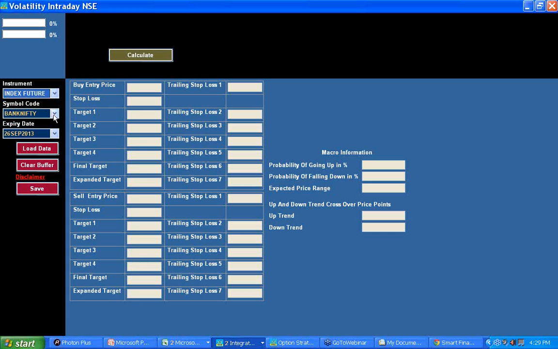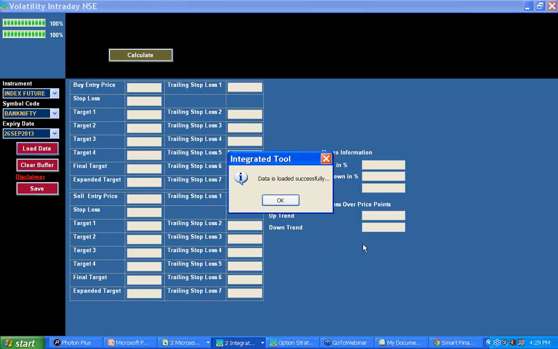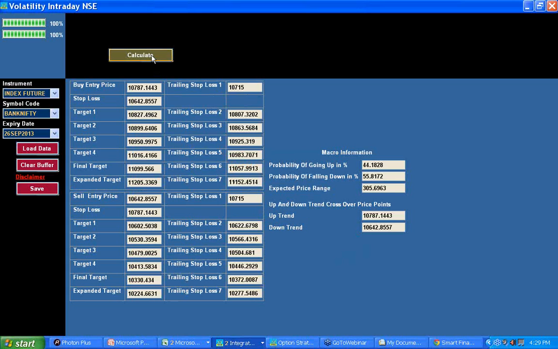Suppose you select any symbol, you just have to load the data. Because the market is not open today, it may take some default data. Once the data is loaded, it will alert you, and then just hit the button to calculate. The buy entry is placed, the sell entry is placed, trailing stop losses are placed, and we get one more very important piece of information: the probability of going up.